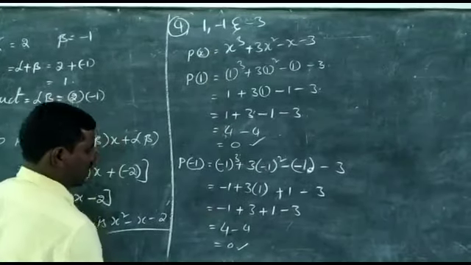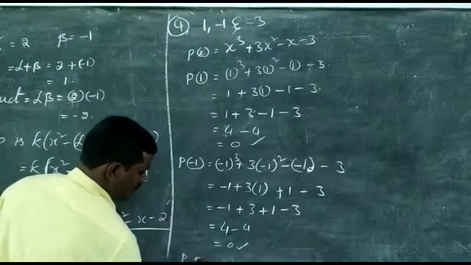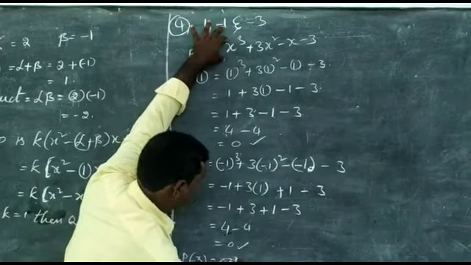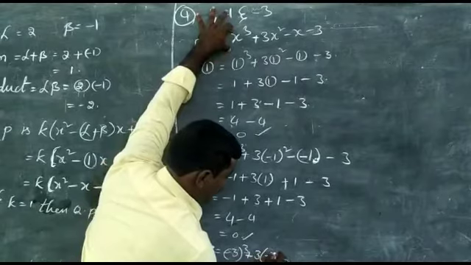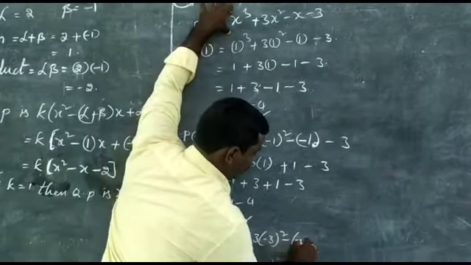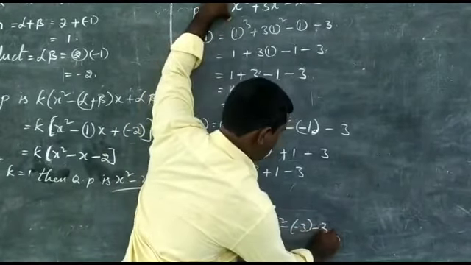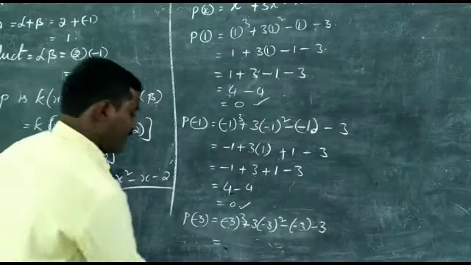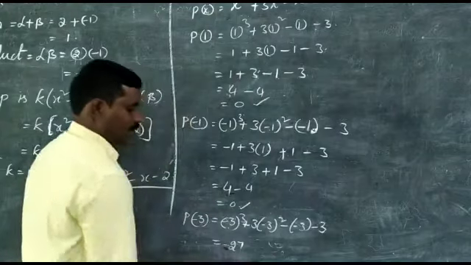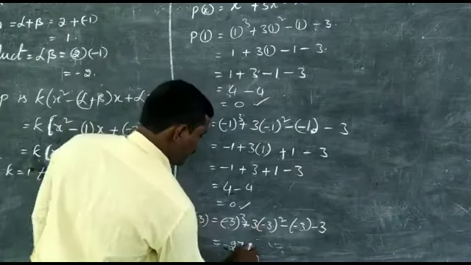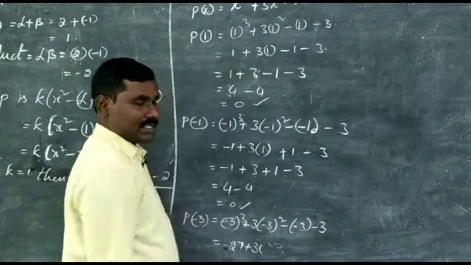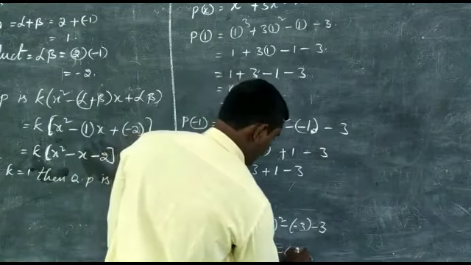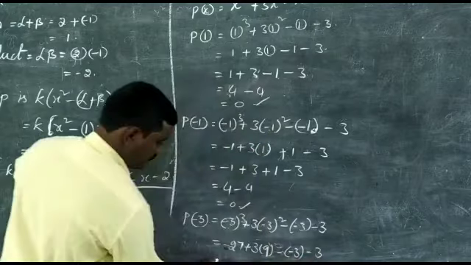Now you have to check minus 3. P of minus 3, again substitute here. Minus 3 cube plus 3 into minus 3 square minus of minus 3 minus 3. Minus 3 cube is minus 27, plus 3 into 9, plus 3, minus 3.